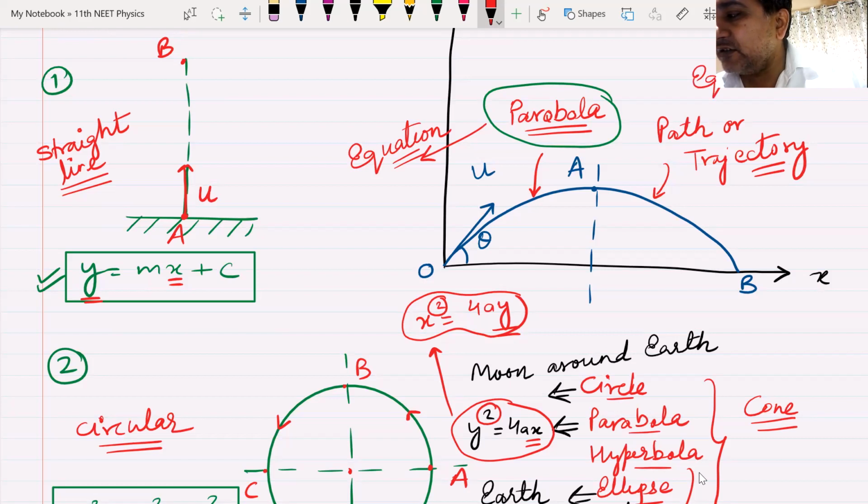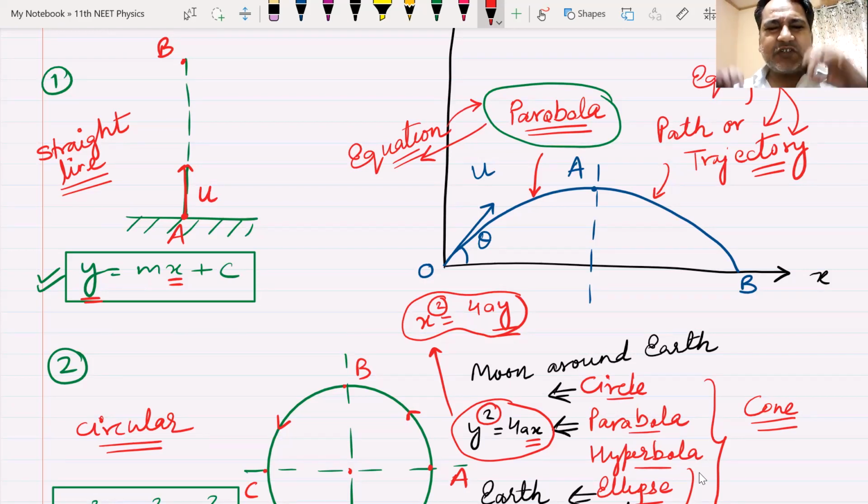Am I clear? So this parabola will have an equation. We can call it the equation of parabola, or the equation of the path of the projectile, or the equation of trajectory of the projectile. That is what we are aspiring to do now, to find the equation of trajectory of this parabola.